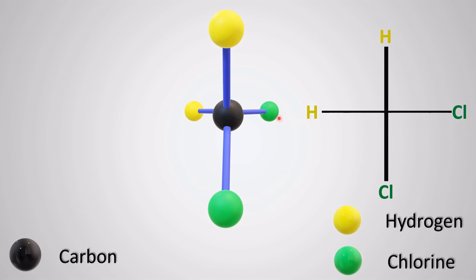While numbering, this chlorine is number 1, the hydrogen is number 2 because these two groups are coming towards the observer, then the chlorine is number 3, and then this hydrogen is number 4. Please remember that as per the CIP rules, the groups which are coming towards you are numbered initially, and then the groups which are going away from you. Basically the rotation is clockwise and the configuration is R.